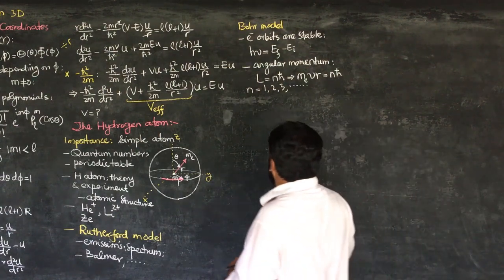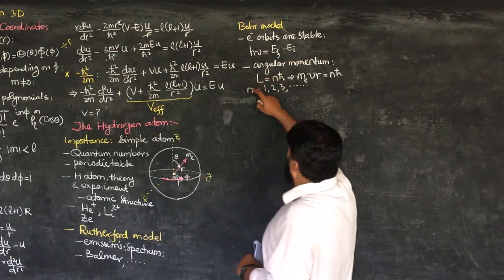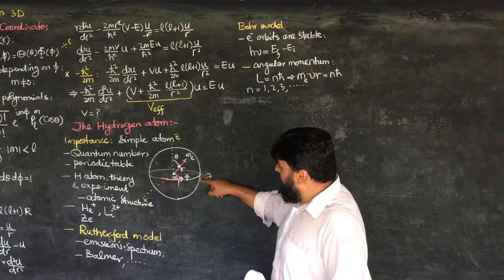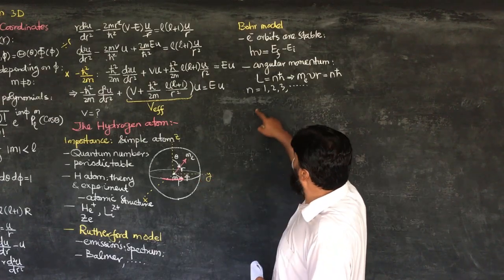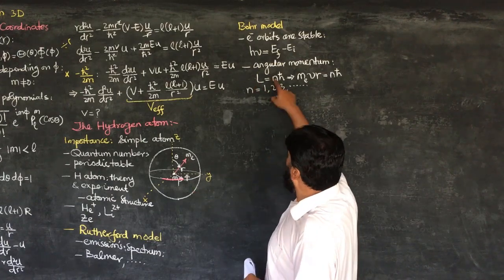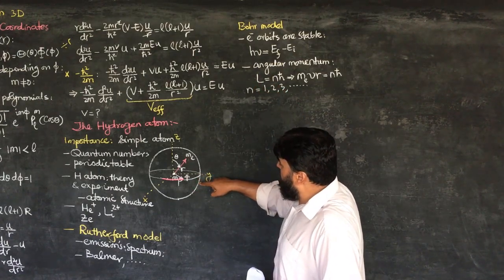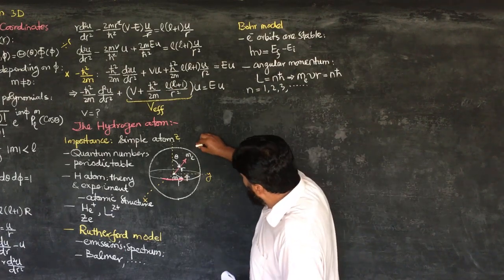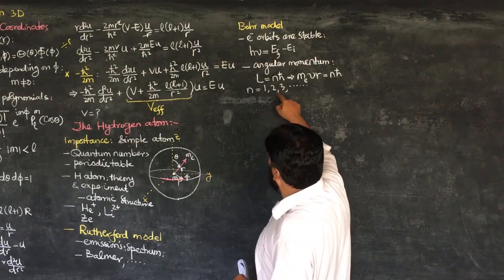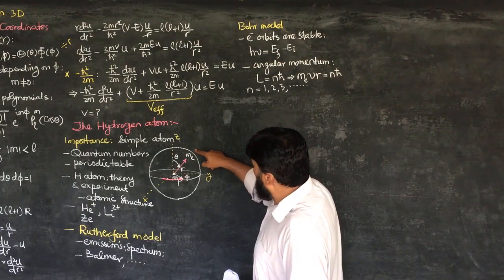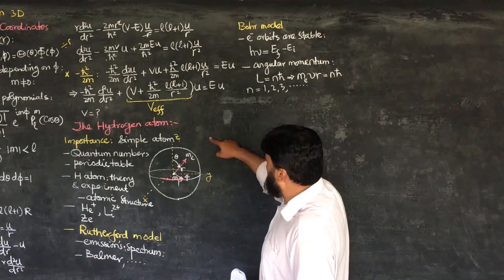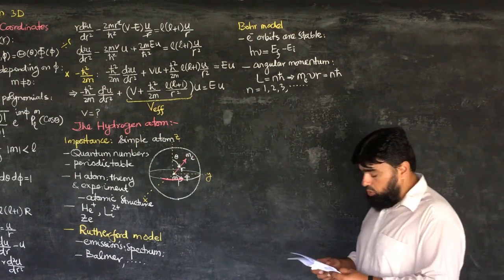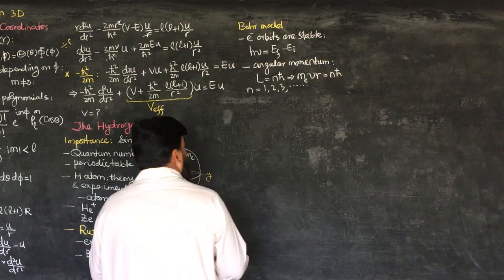So when an electron is in a given orbit, it has a particular angular momentum for that orbit, and when the angular momentum is different, it will go to another orbit. There will be fixed values 1, 2, 3, and no orbiting in between, but some specific orbits in which these electrons will go around the nucleus.